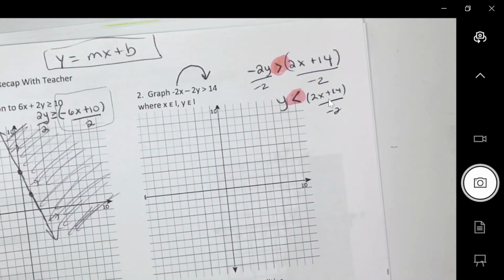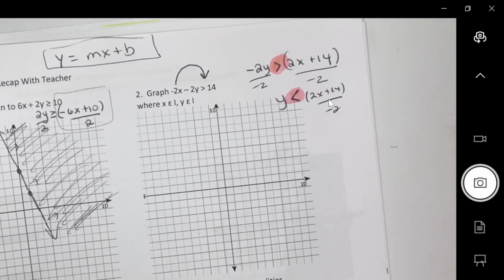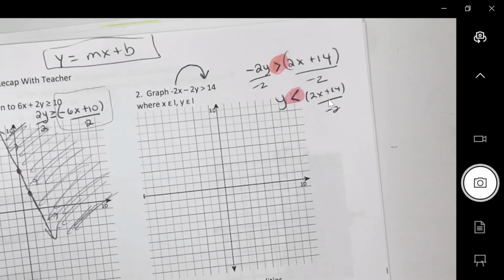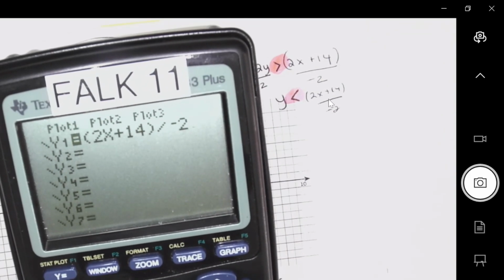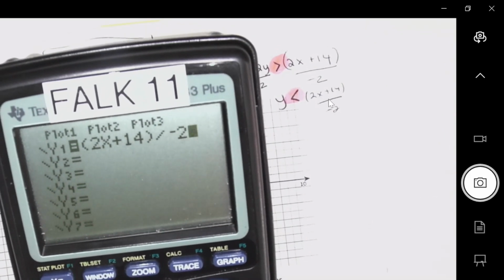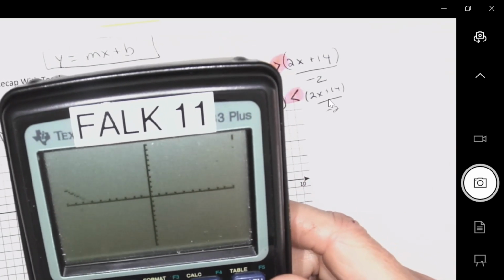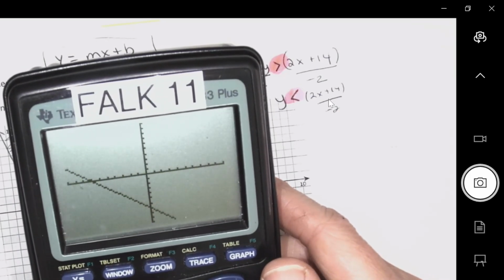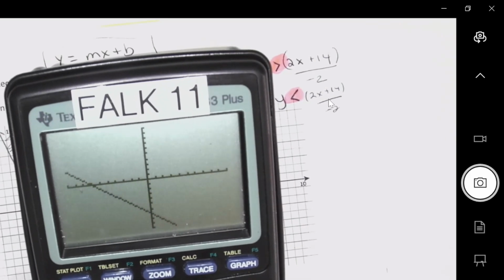Okay, so now I'm going to go into my calculator and type that into my y equals. So bracket 2x plus 14 divided by negative 2. Okay, so I graphed it, and I need a few points so I can graph it on my paper.